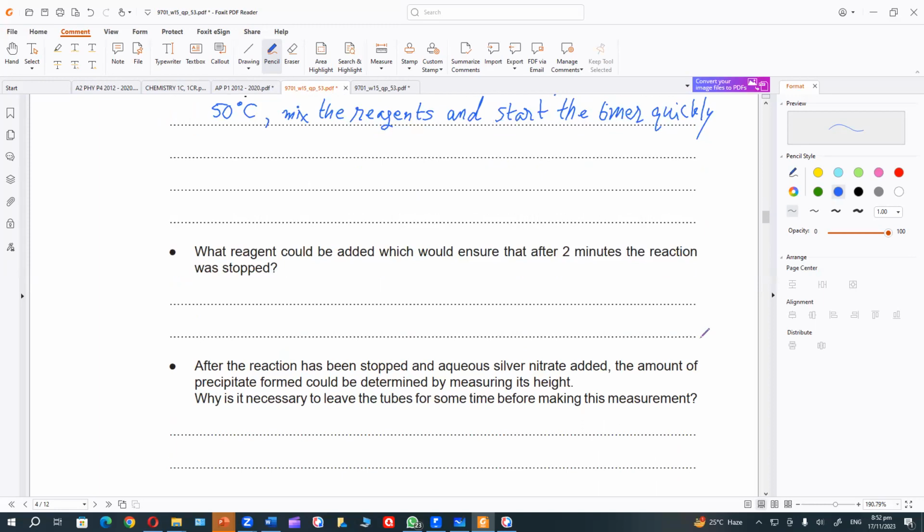What reagent could be added which would ensure that after 2 minutes the reaction was stopped? There is a famous reagent which is called nitric acid. How can nitric acid assure us that it will stop the reaction?